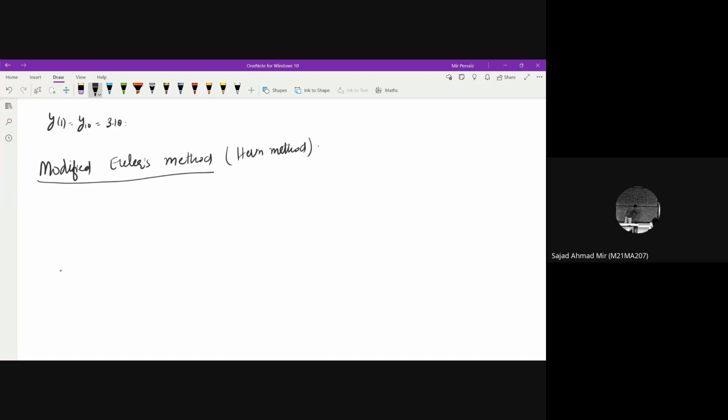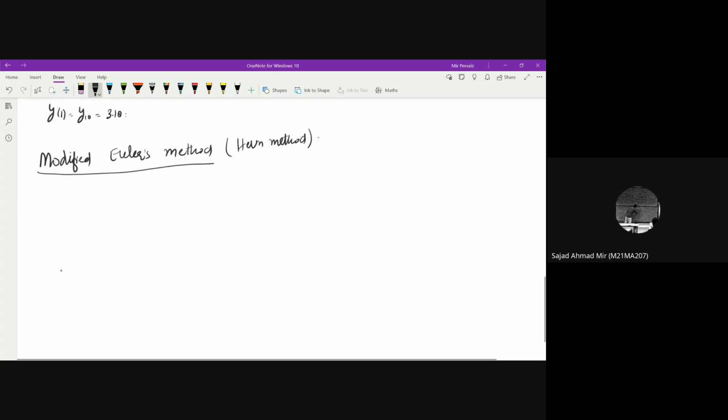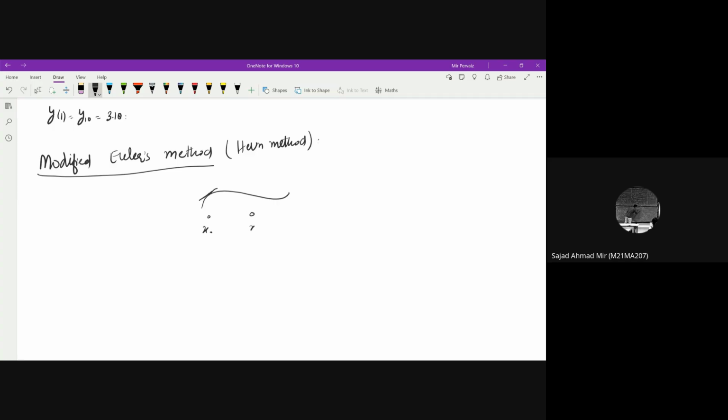In this method, you are utilizing the information at 2 points. Earlier, you were using the concept of slope at that point using the Taylor's approximation. This was, let's say, x0. Now this is my x1, and these are the values of y. We don't know these values, but we are making the approximation.